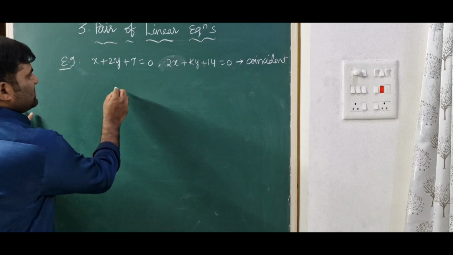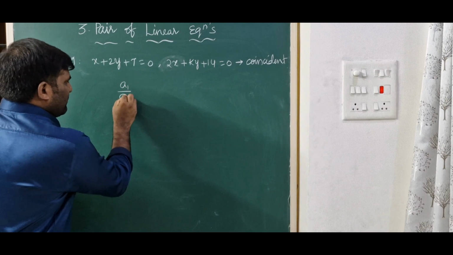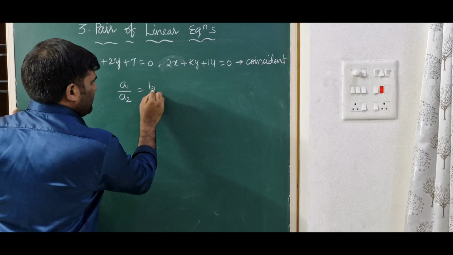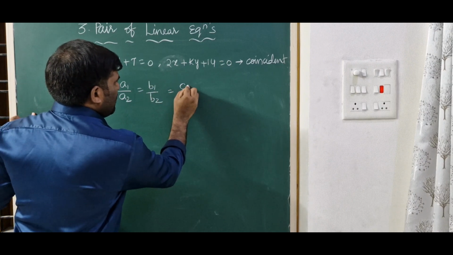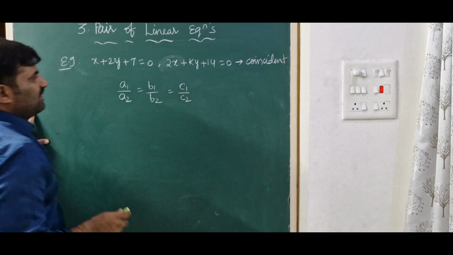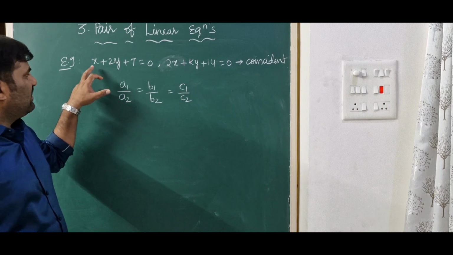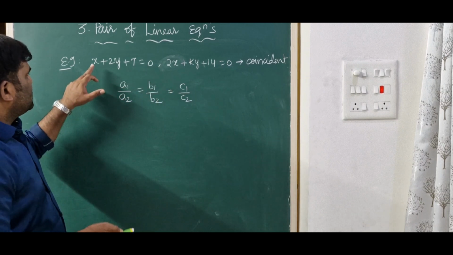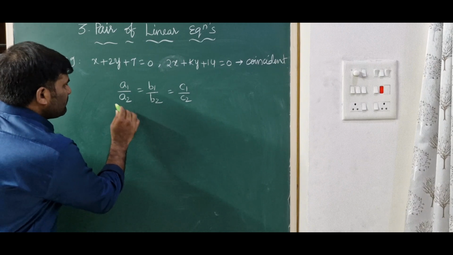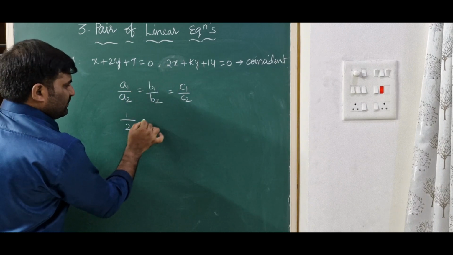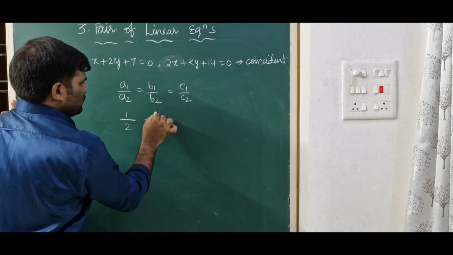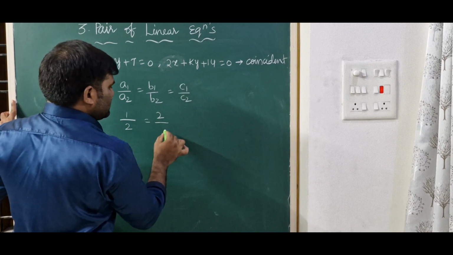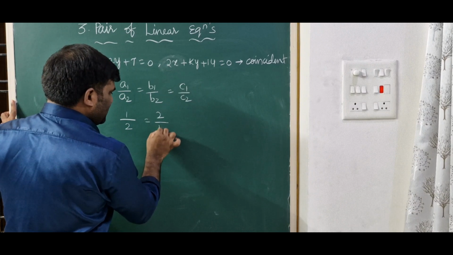When the lines are coincident, first you should remember that a1 by a2 is equal to b1 by b2 is equal to c1 by c2. All the three ratios are equal. Now I am not explaining how to find a1, a2, b1, b2, c1, c2, already you know that. So a1 is 1, a2 is the x coefficient 2, and b1 is 2. Here b2 is the y coefficient of the second equation, that is k.